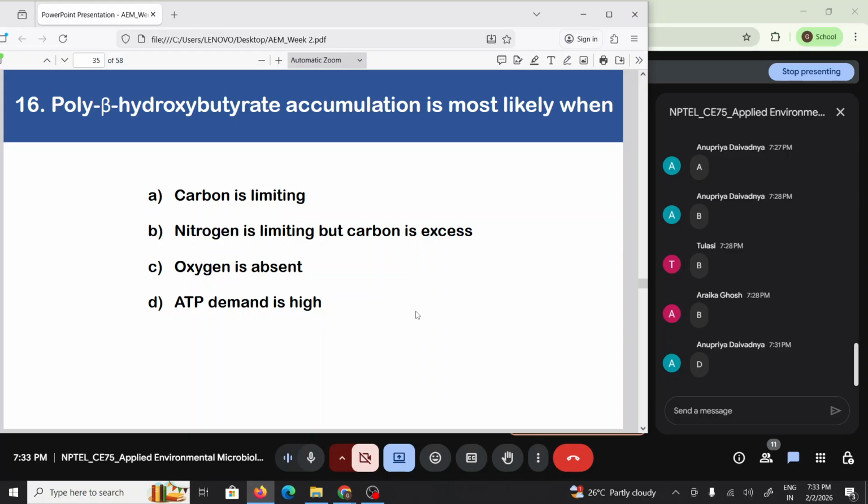So this PHB accumulation occurs under a particular condition, and PHB is an industrially relevant compound. Many people are working on the production of PHBs. So you have to maintain certain conditions so that your cell produces these PHBs. You should be aware of which conditions these can be produced in.